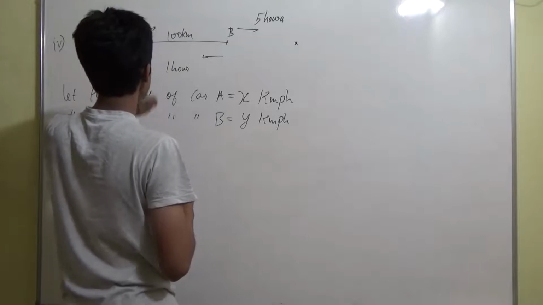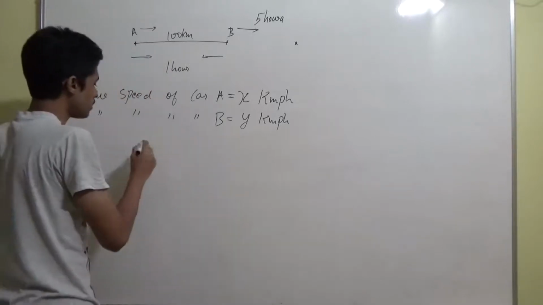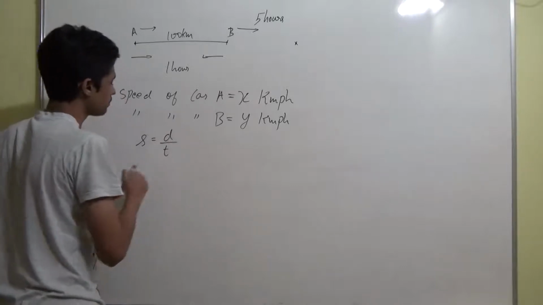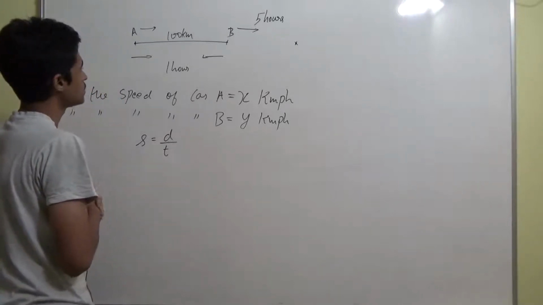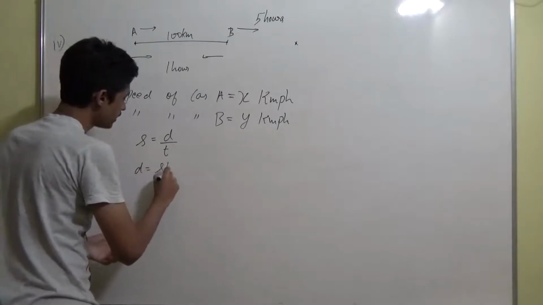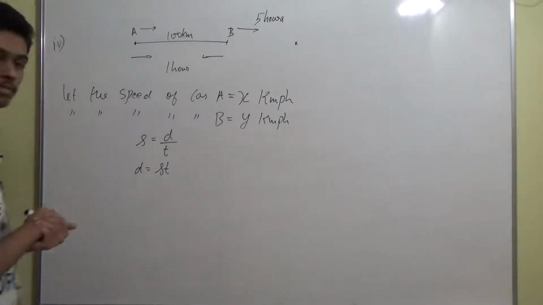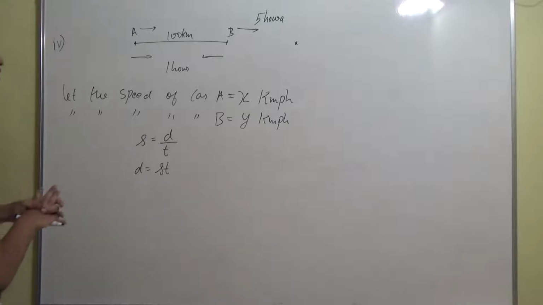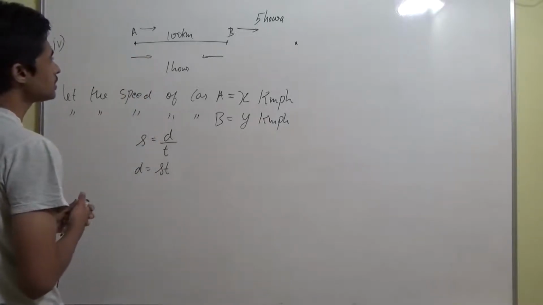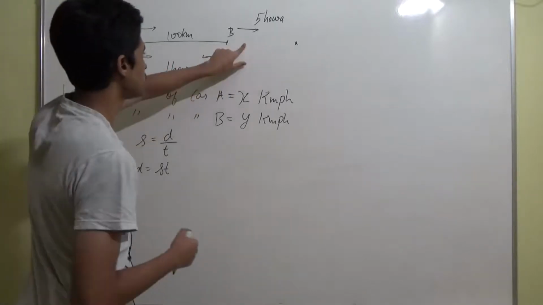Getting it? Which means we should remember one formula, guys, that is speed equal to distance by time. Getting it? So distance equal to speed into time, right? Now if you see, guys, how much distance does A cover? A covers 100 plus some distance.